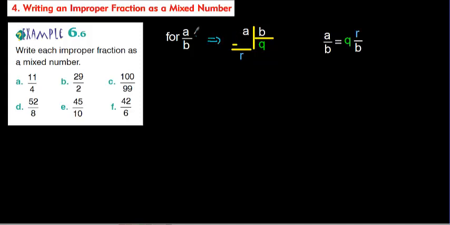If a/b is given, a divided by b, then we are going to get one quotient, and we are going to get a remainder. That's why these terms are written with q and r, to represent the quotient and the remainder.